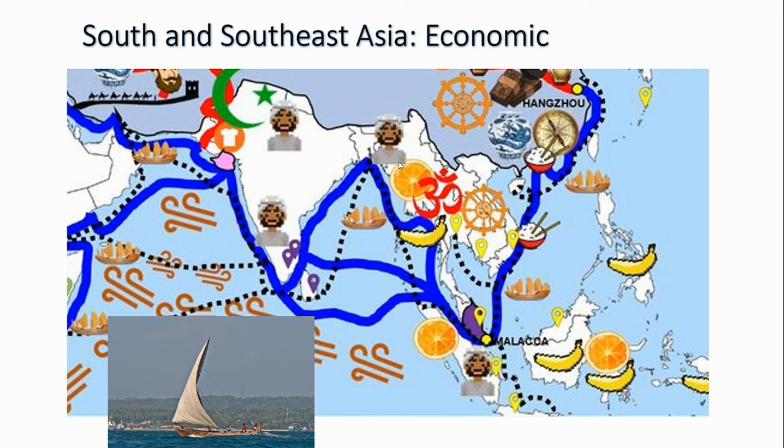States such as the Delhi Sultanate and the Khmer controlled the production of key luxury goods: Delhi Sultanate cotton textiles, Khmer spices. Other states, such as the Vijayanagar, controlled access to the valuable pepper trade, whereas the Srivijaya controlled a key part of the trade routes.